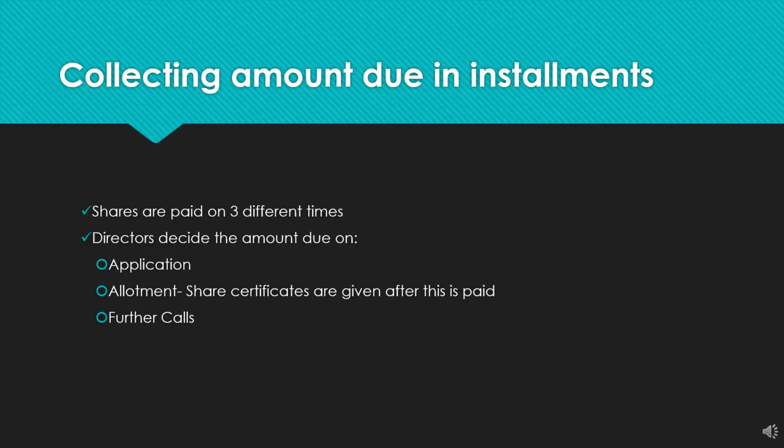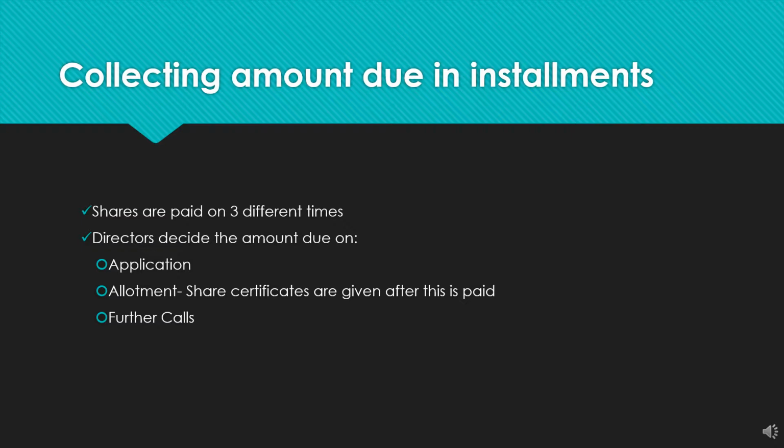Now the public send in cash with their application form. Then if enough applications are received, the directors would be able to proceed with the share issue. Now the letters are sent informing the shareholders that their application has been successful and how much they still need to pay as allotment.